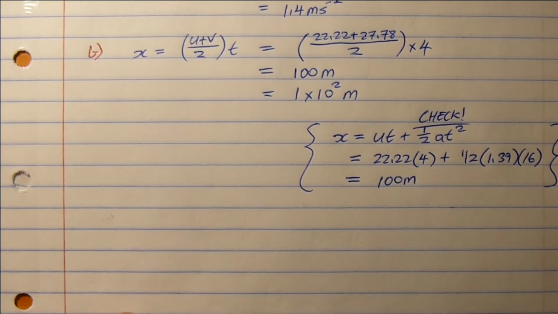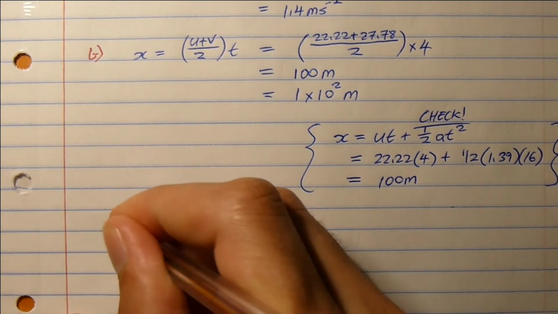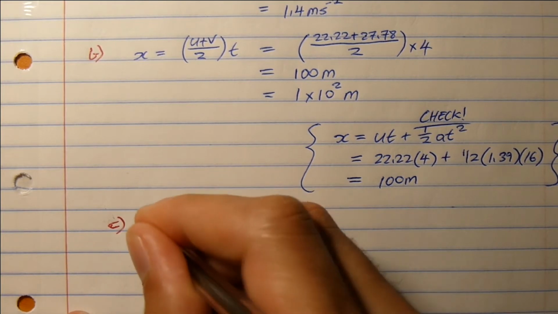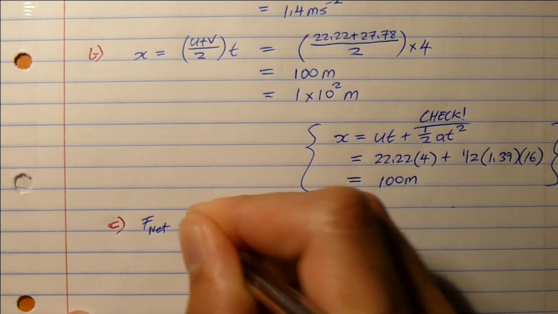Okay, C, the driving force exerted by the engine. Now for this we need to use Newton's second law. So F net is equal to ma.